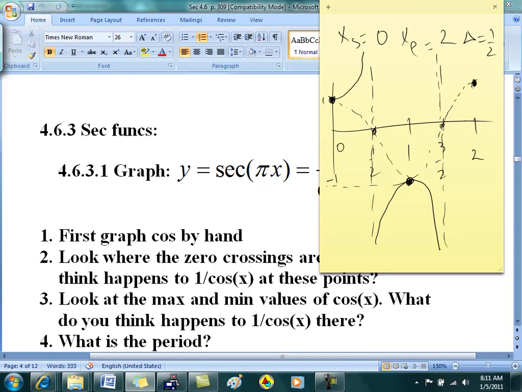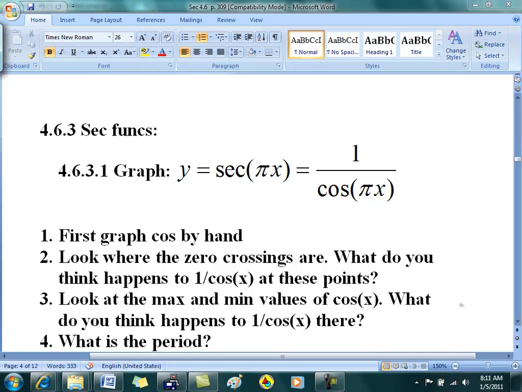And my graph's going to go like this. If you want to draw arrows there, I'm okay. You guys with me on this? Okay, so secant is kind of funky. It's not nice and continuous like cosecant is. Guess what comes next? Tangent. Now that's an entirely different story. Okay, so let's move on to tangent then.